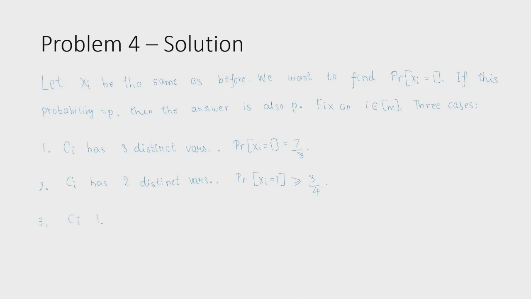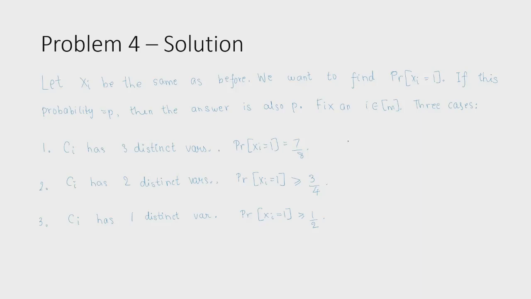The third case is this: Ci has one distinct variable. What's the probability in this case? At least half. Why at least? Because you can have a clause that looks like x1 or x1 complement.